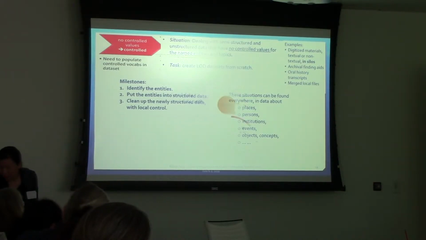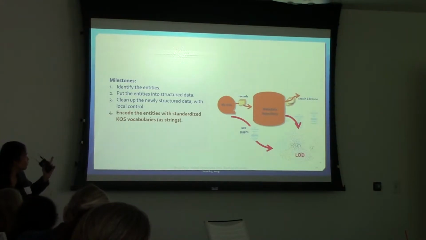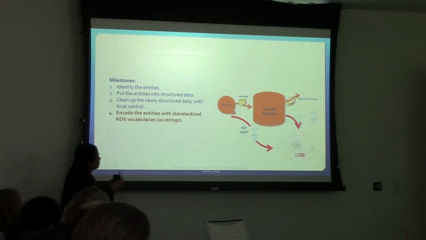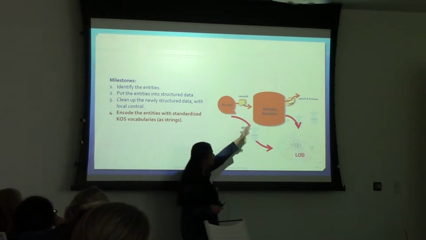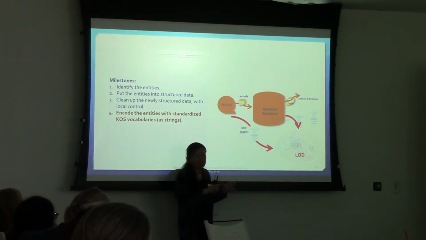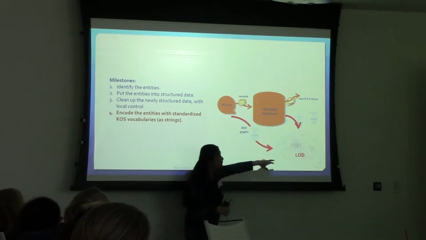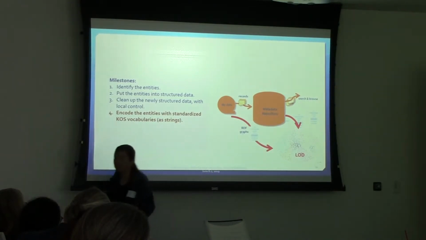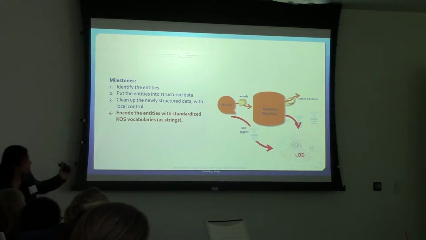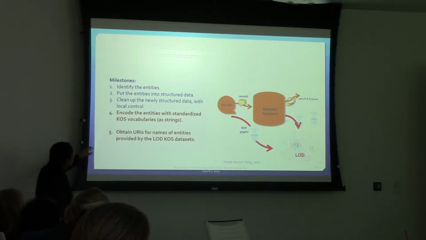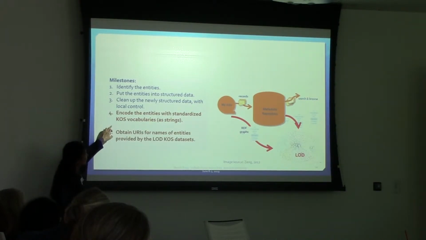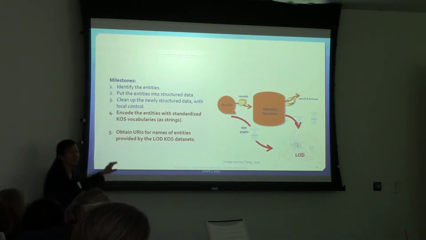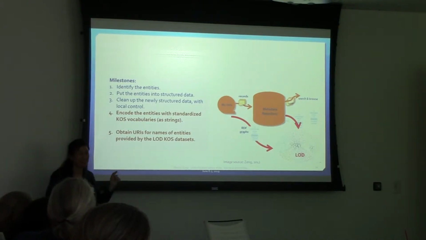Then we will need to see if we want to become not just put into any database silos. We have a problem. We have so many silos. We want to make them linkable as linked data. So that is the next step, the milestones. You encode them using these popular controlled vocabularies, and then also put that URI into that place.